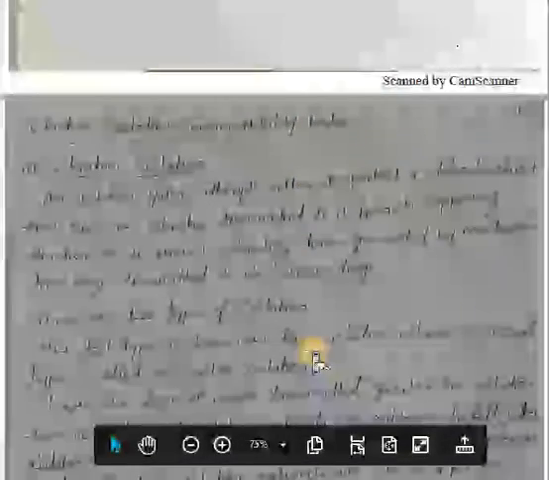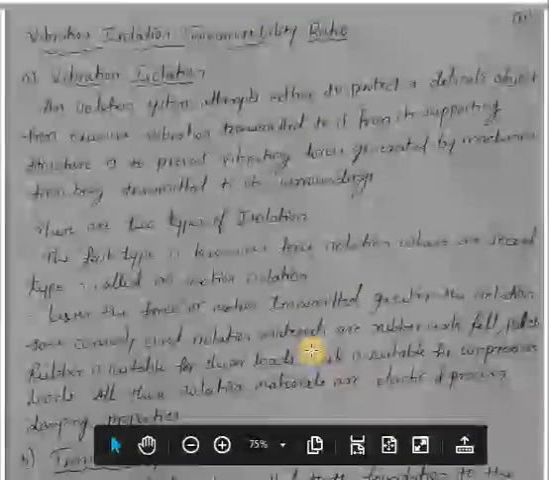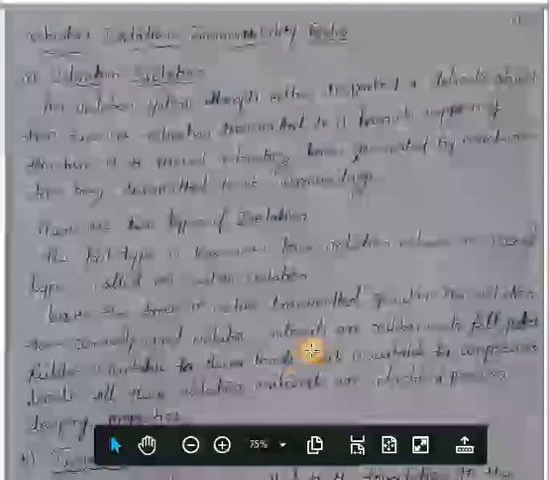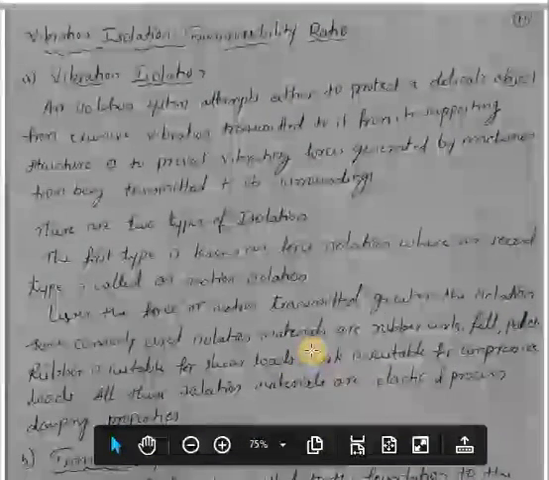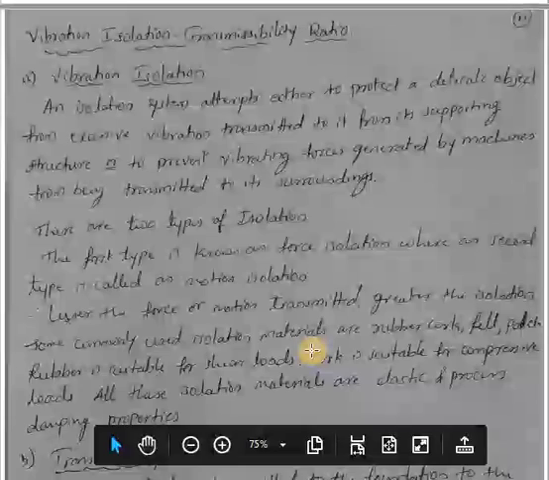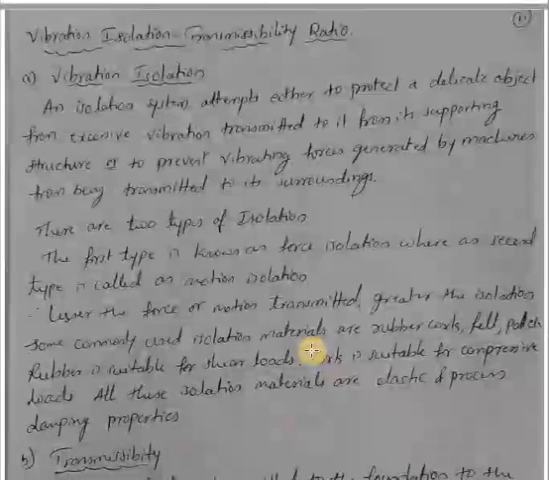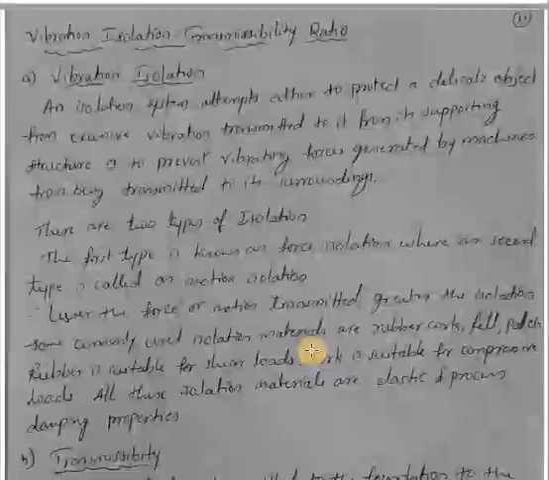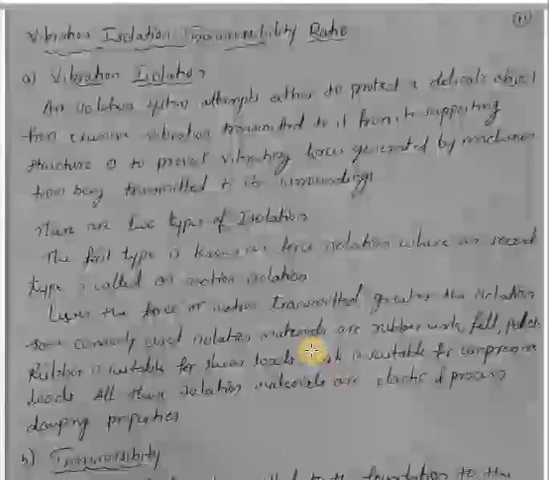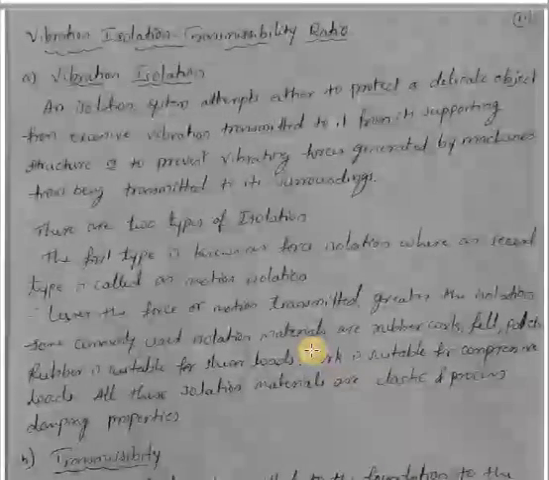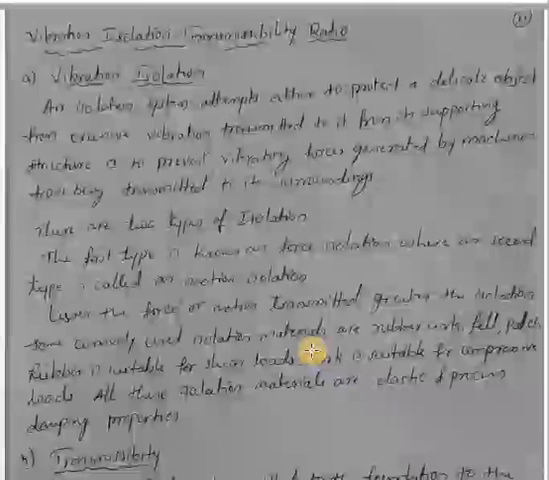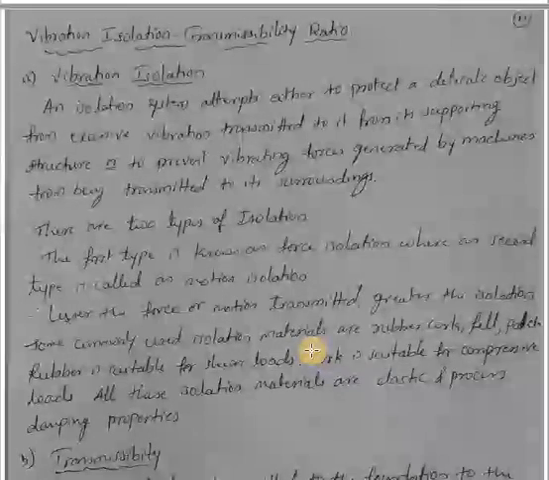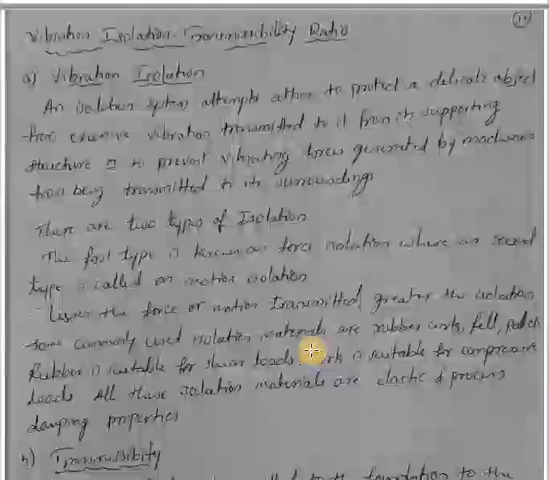So now, moving further, the next concept is vibration isolation and the transmissibility ratio. In vibration isolation, the vibratory forces generated by the machines are often unavoidable, and their effects on the dynamic system can be minimized by proper isolator design.